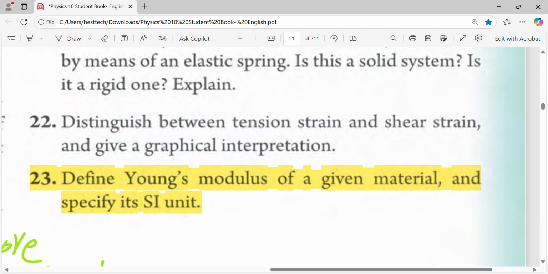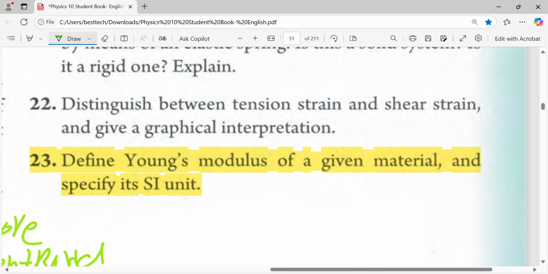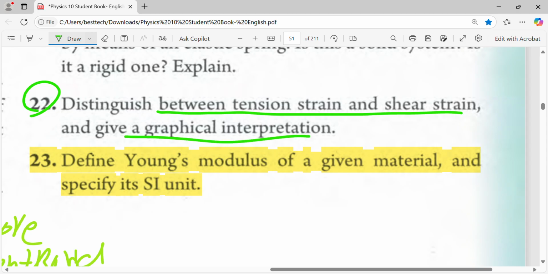Okay. What about question 22? Difference between tension strain and shear strain in a given graphical interpretation.